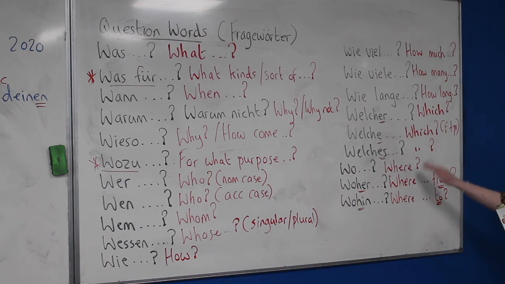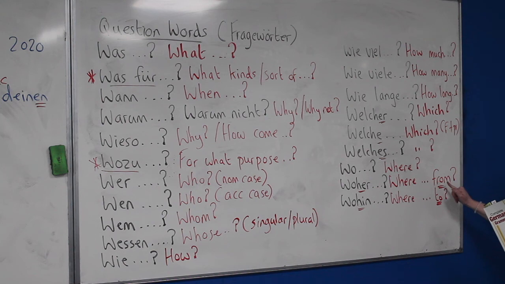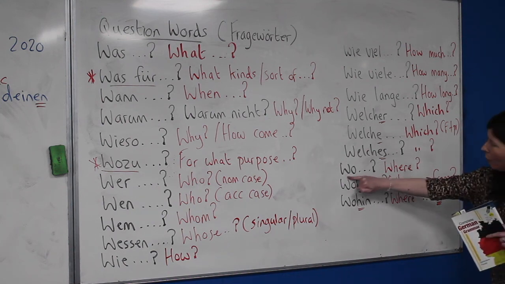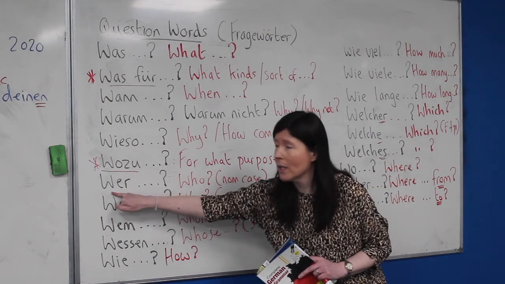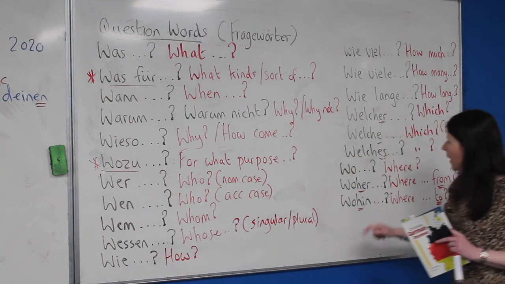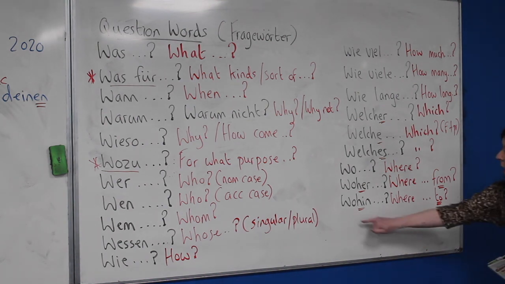And then wo is where, woher is where from. So be careful there, remember wo is where, not who. There, which we may think is where, that is actually who. So woher then is where from, woher kommt deine Freundin, where does your friend or girlfriend come from.